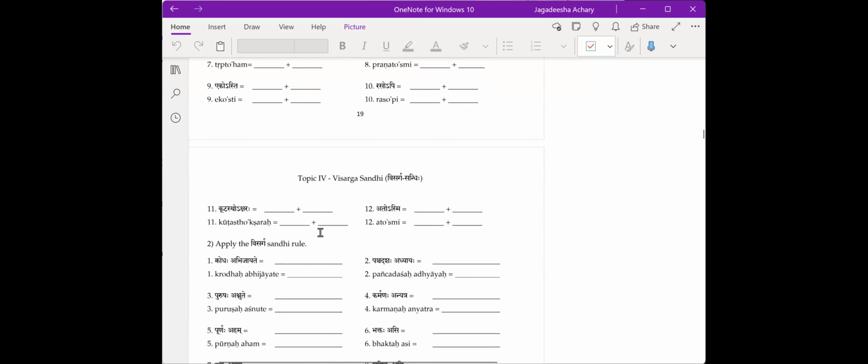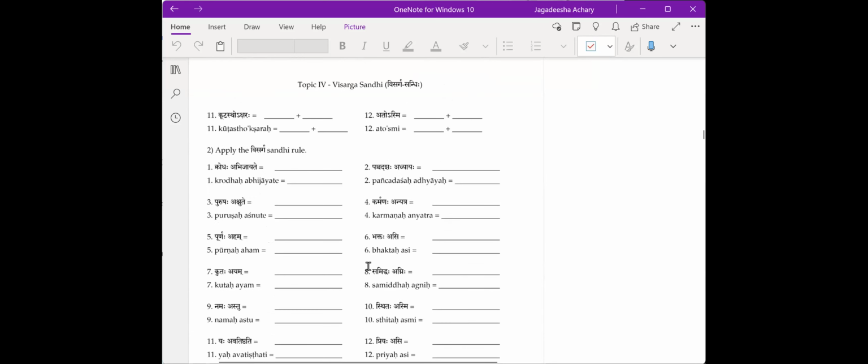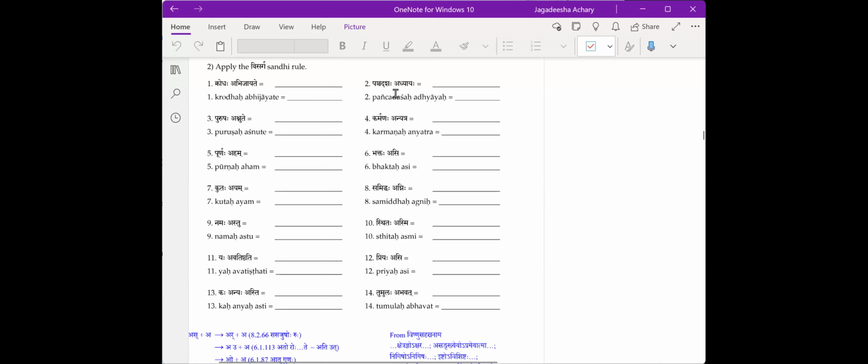Let's take one of making the sandhi. Apply the visarga sandhi rule to join the two words. Now this is something you have to write, because while pronouncing, you may not catch everything, but while writing, if there is a mistake, it will be picked up.